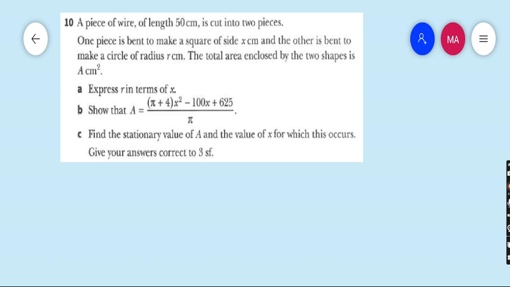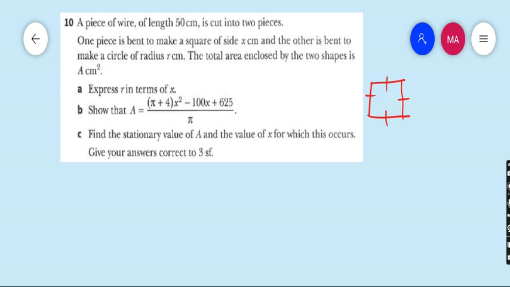A piece of wire of length 50 centimeter is cut into two pieces. One piece is bent to make a square. Okay, I am making a rough square. Kindly, if not accurate, ignore it.